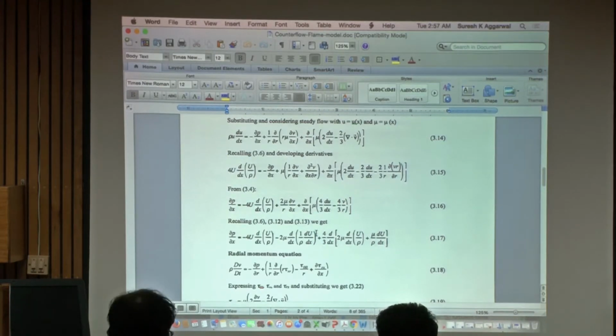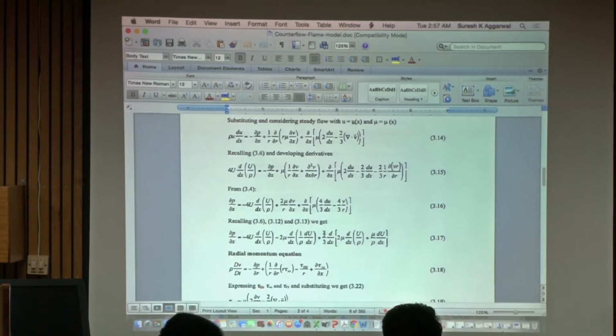So here you see equation 3.17. If somebody wants, I can send this document. 3.17. So now everything is only a function of x.